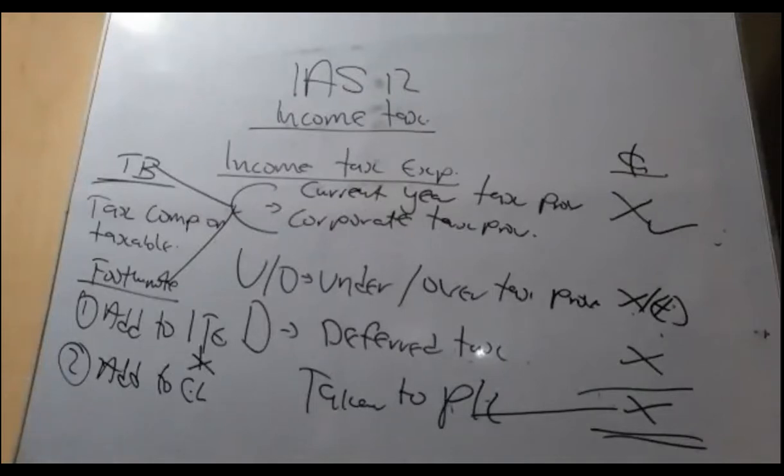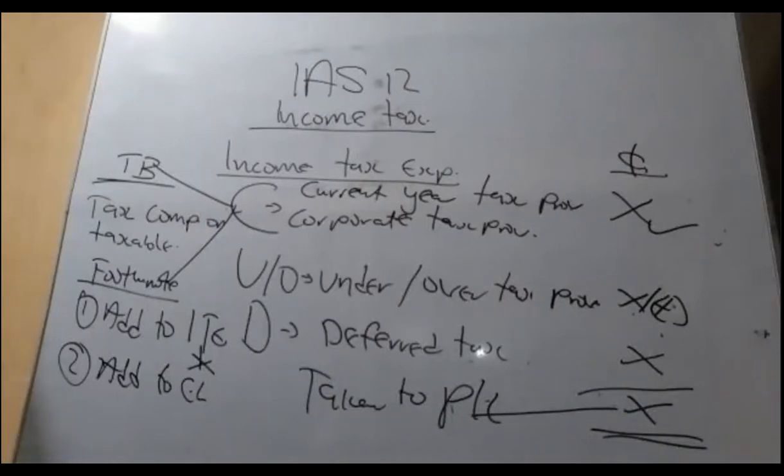Now let's move on to the under or over tax. Under or over tax. So with the under or over, we said that the current year tax is a provision.